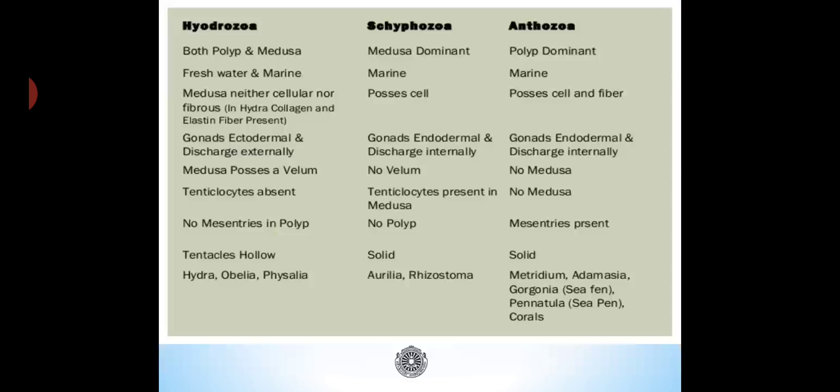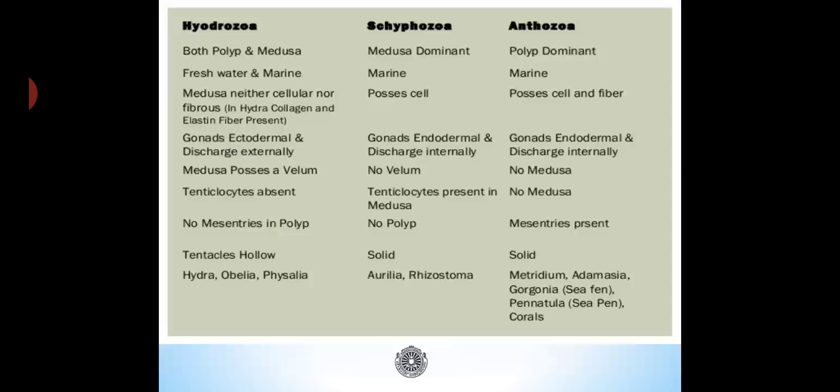Coming to freshwater and marine forms, both are there in hydrozoans, and Scyphozoa and Anthozoa are exclusively marine. Next character, in Hydrozoa the mesoglea is neither cellular nor fibrous, unlike in Hydra where collagen and elastin fibers are present.